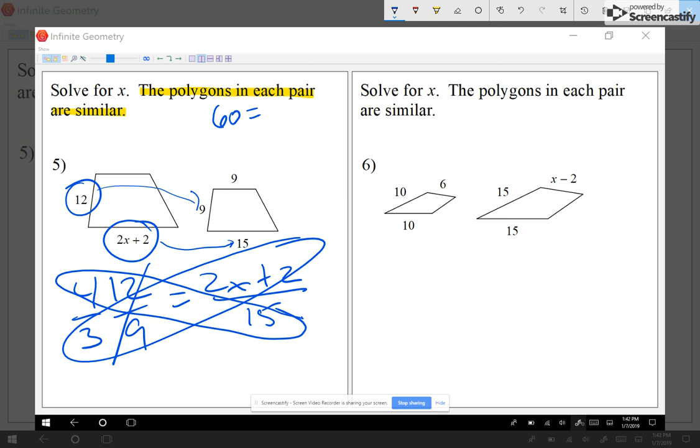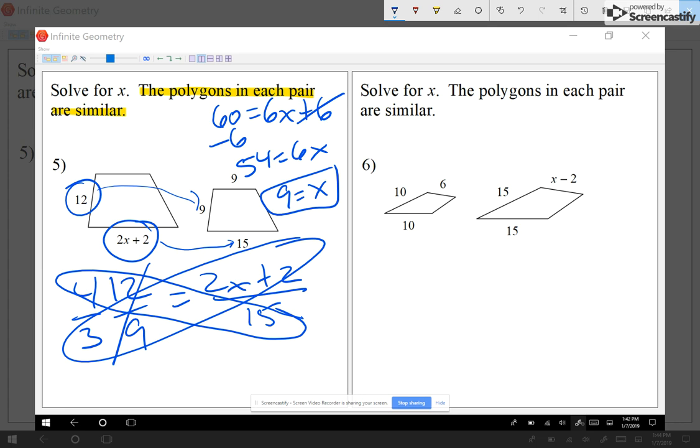Every time they're separated with a plus or minus, kind of think of distributive property. So I'm going to have 6x plus 6. I multiply the 3 to both of your terms. Then I'm going to subtract 6 on each side. 54 is equal to 6x. So x must be 9.